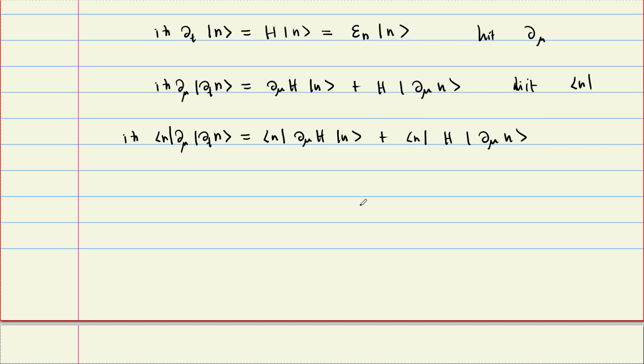Now we have two things. First, this piece, I can use the Schrödinger equation i h bar del t n is equal to h n. Take the Hermitian conjugate of both sides: minus i h bar del t n is going to be n h, and the Hamiltonian is Hermitian. And this side is also going to require some work.